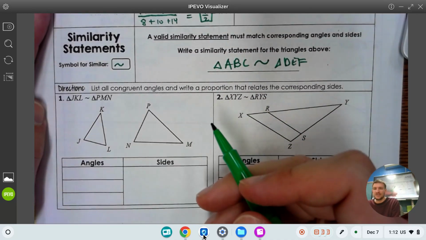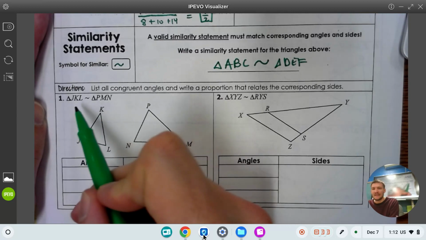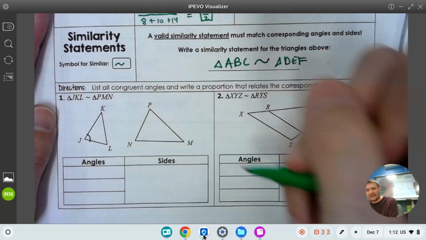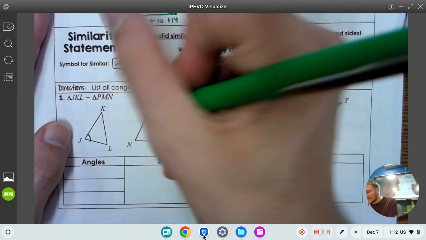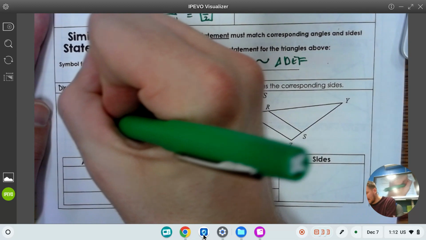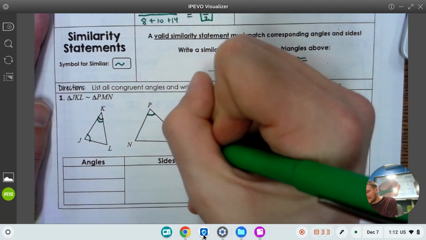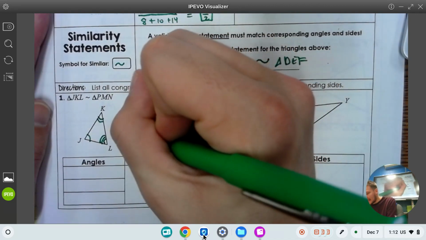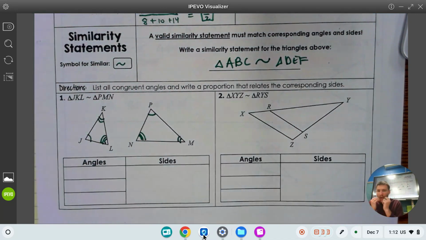It makes things so much easier. These have to be in the correct order, so that means that J comes first, it can get one curve. P comes first, it can get one curve. K is second, M is second, L is third, N is third.